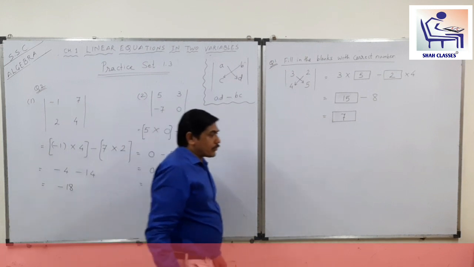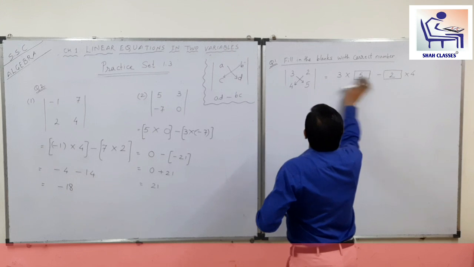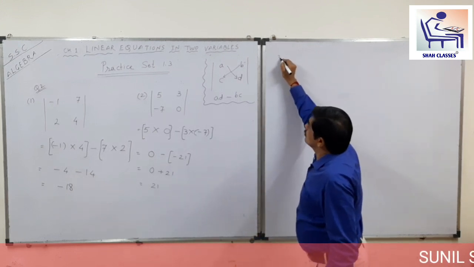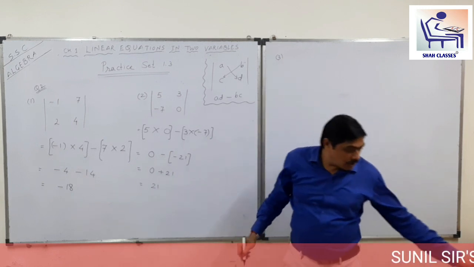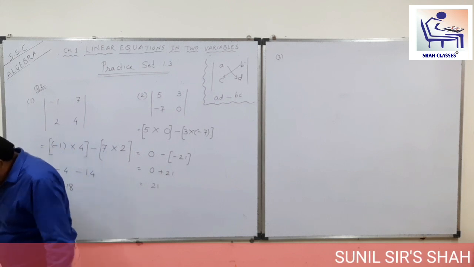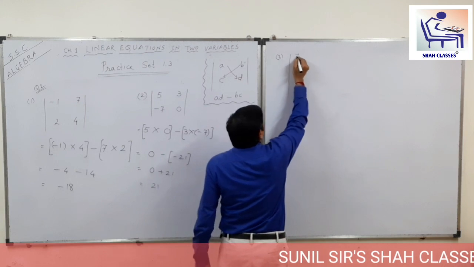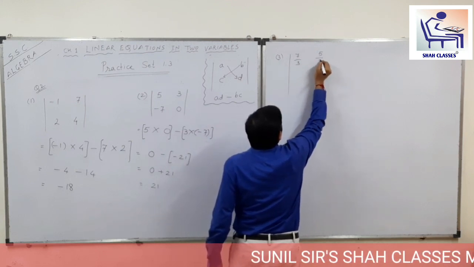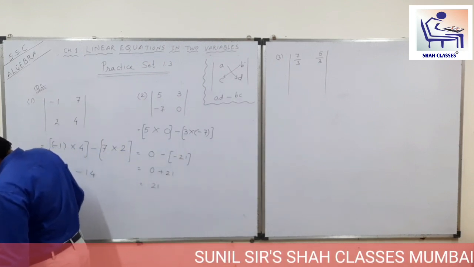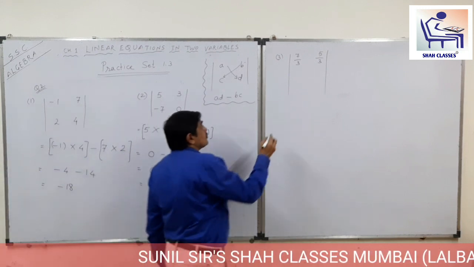Now we are moving towards the third sum. So the third sum is 7 upon 3, 5 upon 3, and 3 upon 2, 1 upon 2.